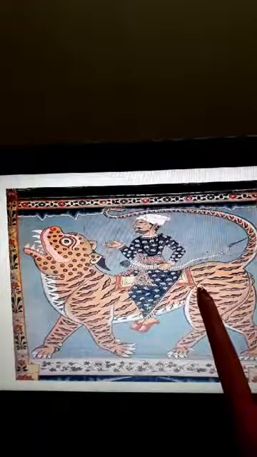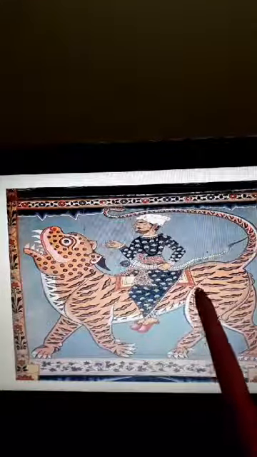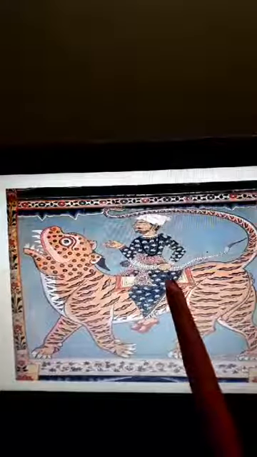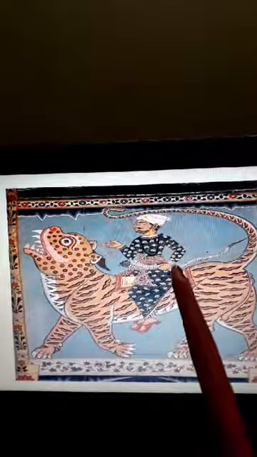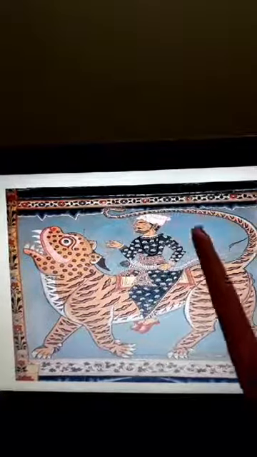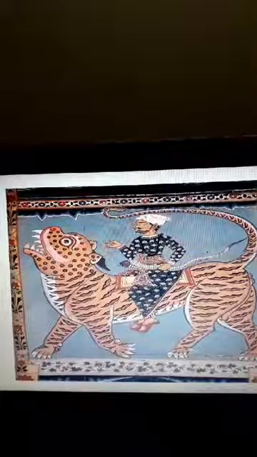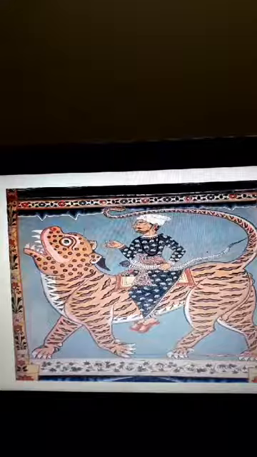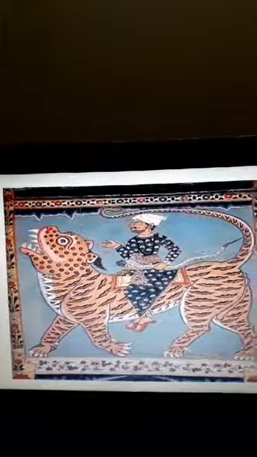It reflects our folk art, and also a very famous personality in Bengal who used to spread Islam. Can you tell us his name? That is the person on the tiger's back. I hope you can. If you can, just write it down in the comment box.